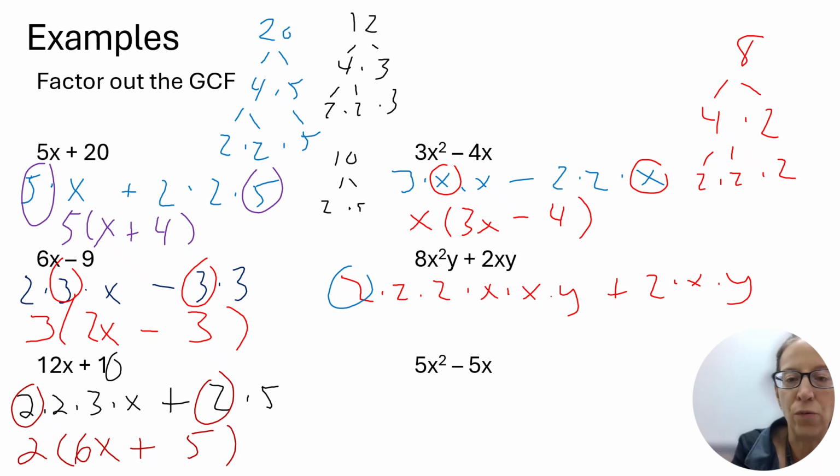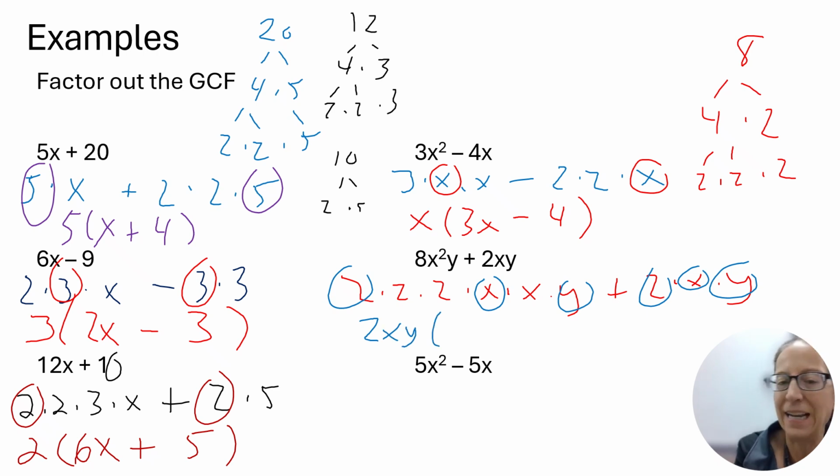Well, I see a 2. I see an x. And I see a y. Ooh, this is going to be tricky. So 2xy, all of that comes out as my GCF. And then anything not circled is still inside. So I have 2 times 2 is 4, and then I have x.